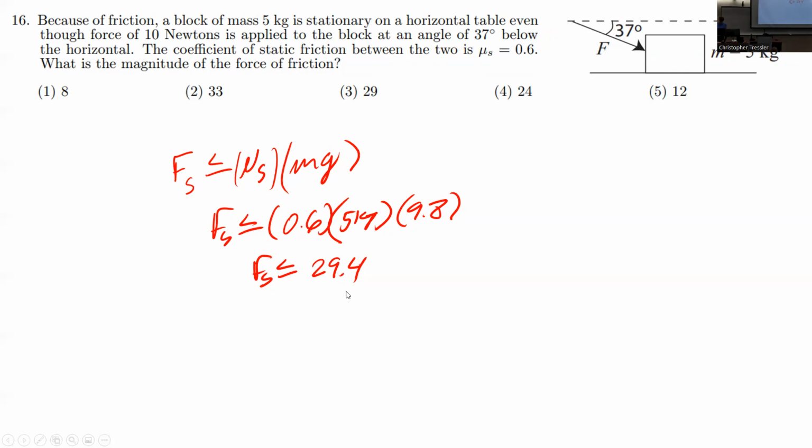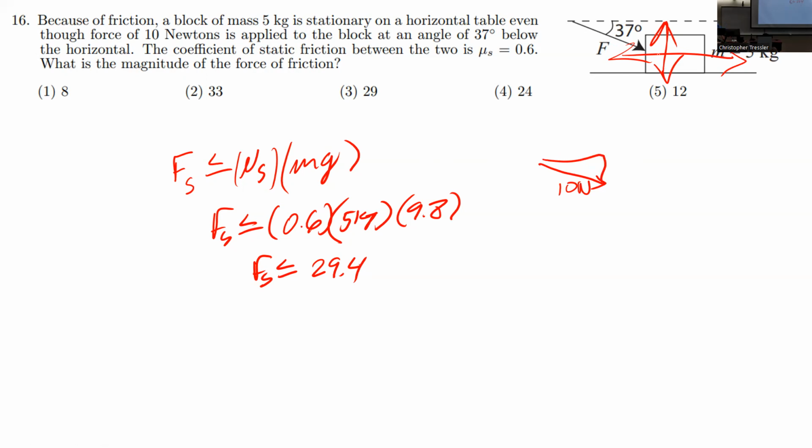Now remember, the force of static friction is going to go opposite of the motion. Obviously, it's not moving up or down, right? It's going to be moving either this way or this way. So we're going to take the force, which is 10 newtons, like this. And which component are we looking for, guys?